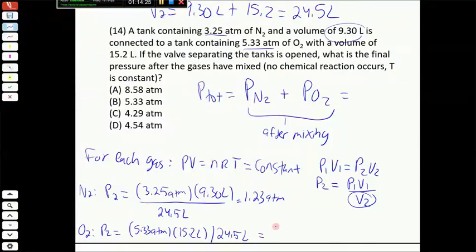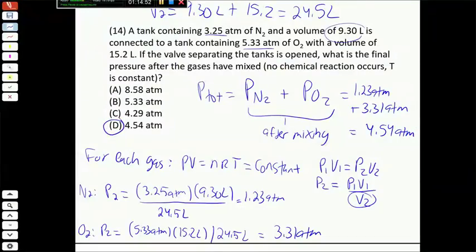So the partial pressure for O2 after mixing is 3.31 atmospheres. Both partial pressures drop because they're now occupying a larger volume. When we add the two together, we get 1.23 atmospheres for nitrogen and 3.31 atmospheres for oxygen, and the sum of those two is the total pressure, which is 4.54, choice D in this case.